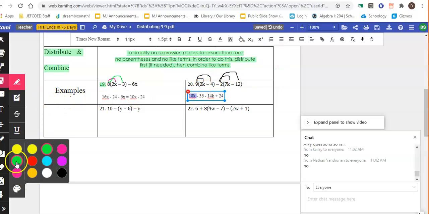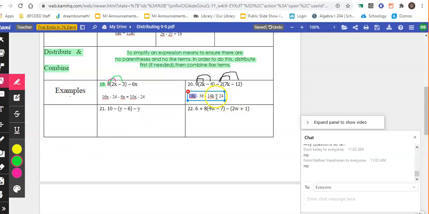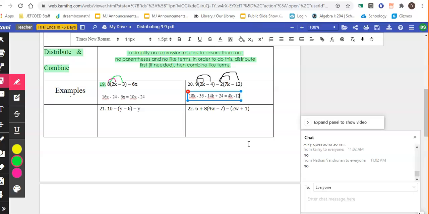Right there, that's a variable term. And we have negative 14k. Okay? So then as we're simplifying this, 18 minus 14, that's going to leave me with 4k. And then we have a negative 36 plus 24. That should leave me with a negative 12. Okay?